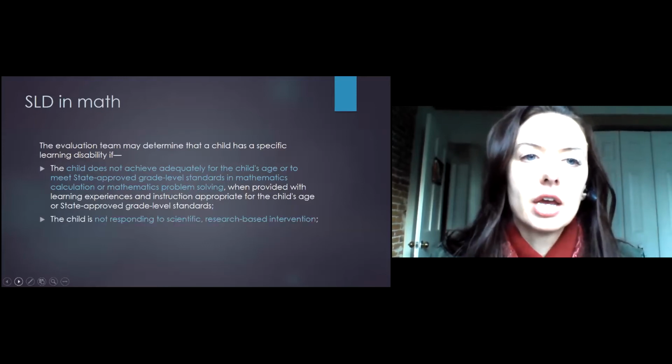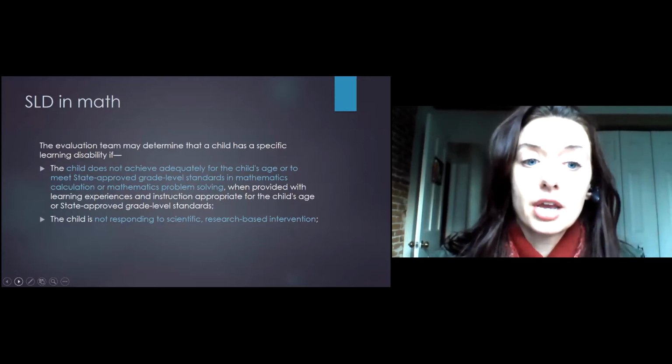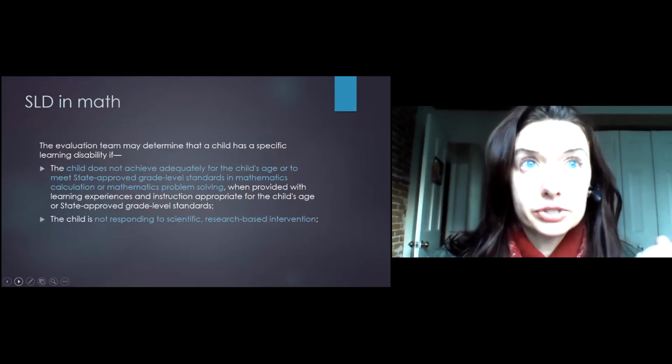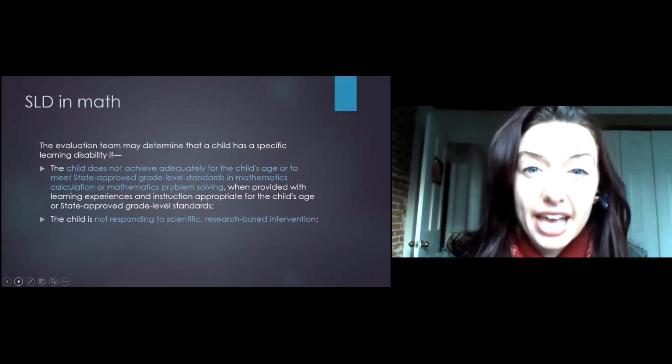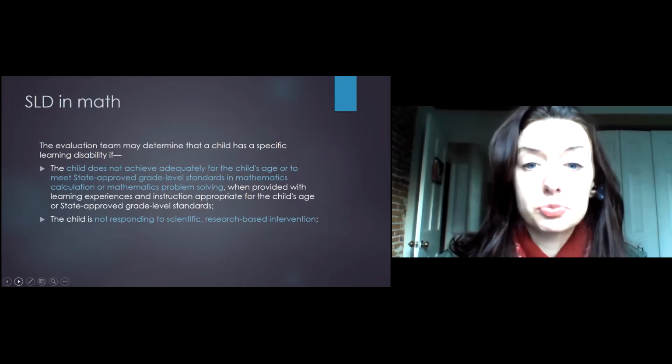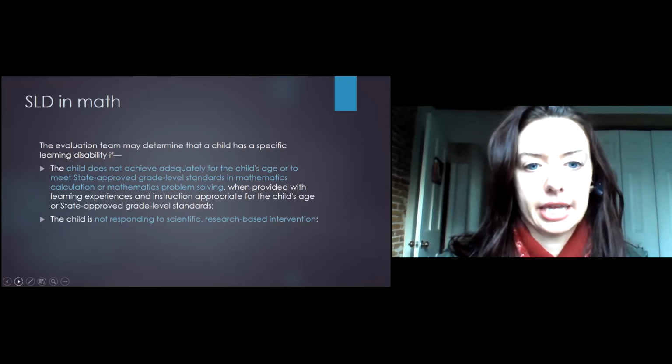And then we have to look at, okay, if the student is not at the same level as his or her peers, are they able to catch up if we offer intensive intervention? And we want to use evidence-based, research-based intervention. And I can share examples of that later.